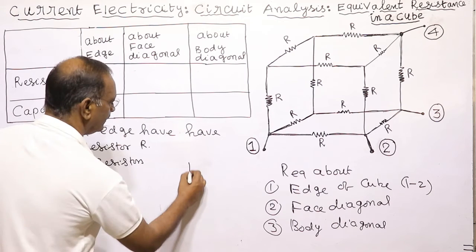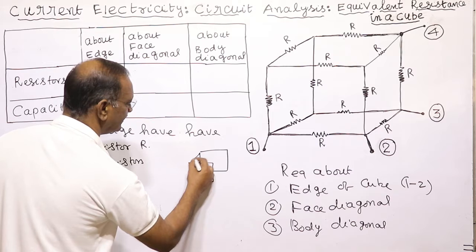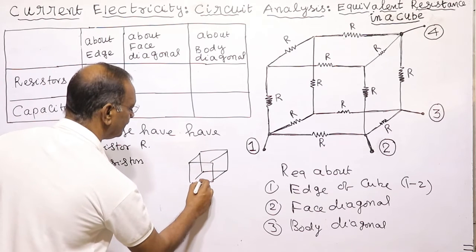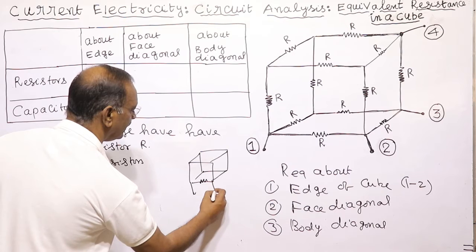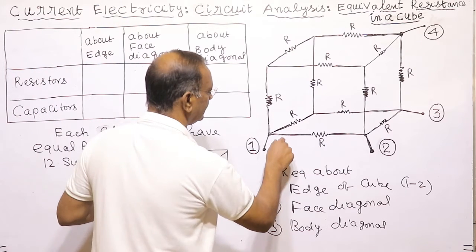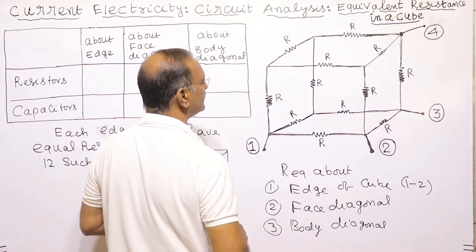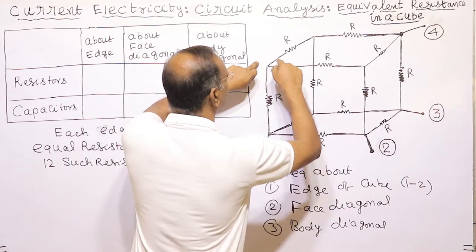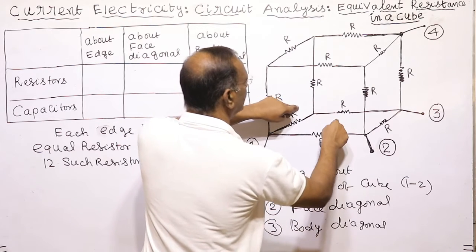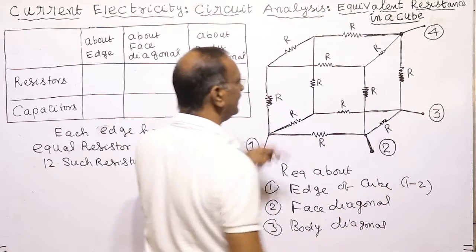This is the cube, all the sides are equal and all have resistors. If you calculate between these two edges, there is one resistor in parallel here, one resistor in parallel here, and again one parallel here and here.